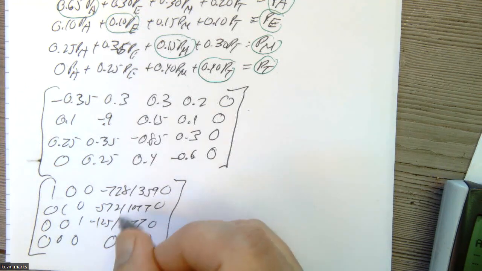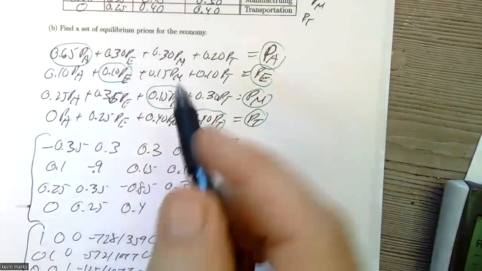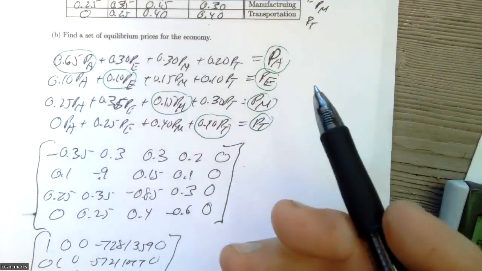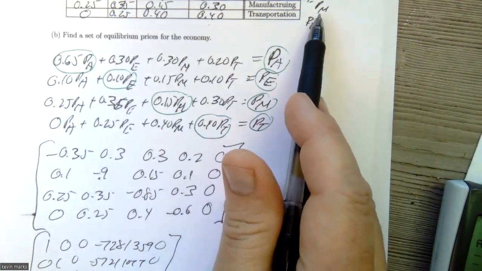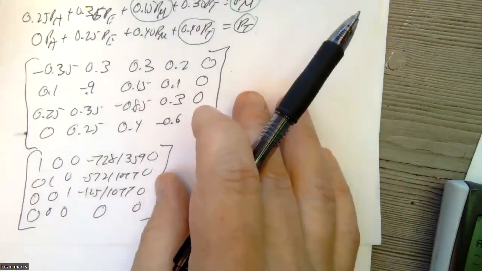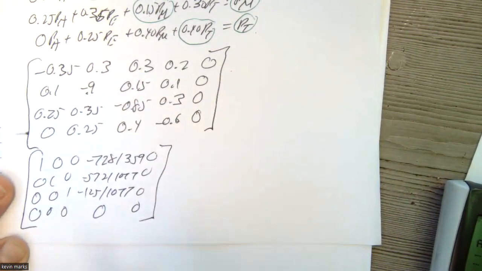But where is the free variable? The free variable is in the fourth column. So manufacturing is the one that matters. Everybody's depending on manufacturing. If I know manufacturing's price, I know everybody's price. Technically, if you know one, you know everybody's, but the way this was set up, manufacturing is the key.